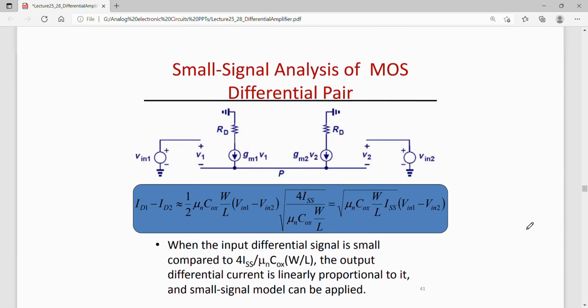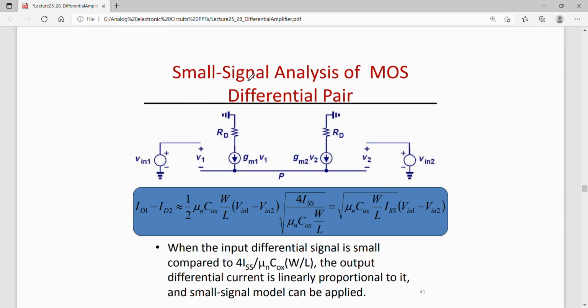Now one can also do the small signal analysis of the MOS differential pair, similar to what we had done for the BJT differential pair. So one can think of drawing a small signal circuit like this for a differential pair, and then one can find out the gain from this, and also the impedances, that is, input and output impedance.